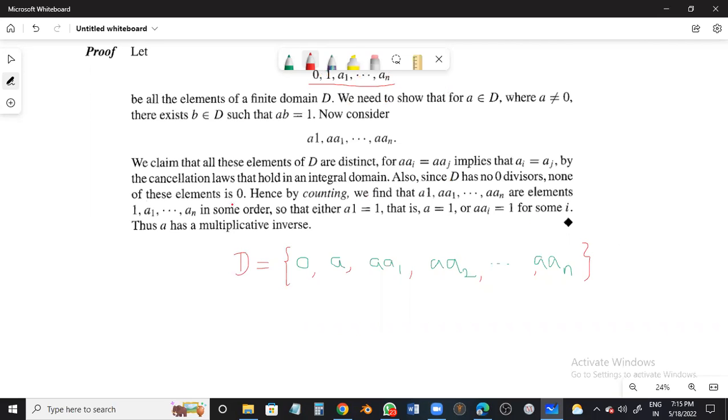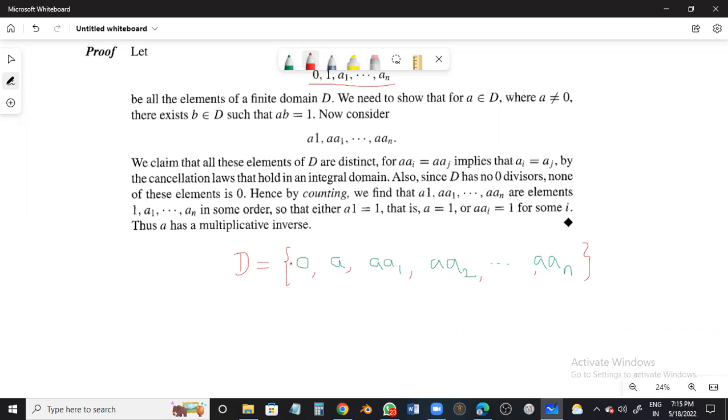And now you are getting 0, a, aa1, aa2, and so on up to aan. So what is going to happen? I got n plus 2 entries, no doubt, but there must be a multiplicative identity present because the operation is a binary operation.